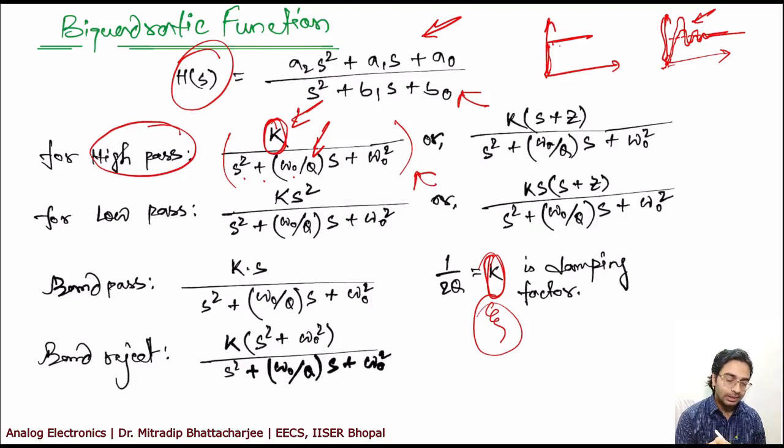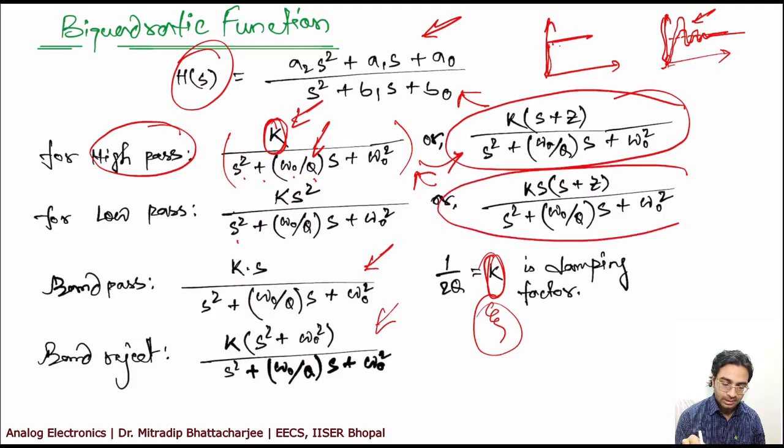For low pass filter, this will be k s square divided by s square plus omega 0 by q into s plus omega 0 square. Now for band pass and band reject, you will also get similar expression as it is shown here. So there are some other expressions as well for high pass and low pass as shown here, but mostly we will use these 4 types.